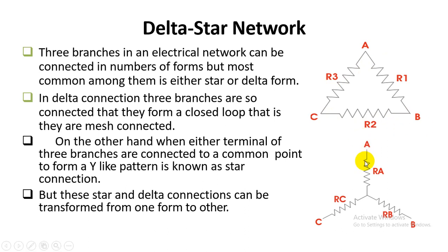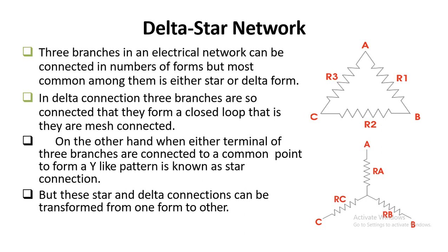When we see the second figure, the resistances are connected like this. Resistances RA, RB, RC are connected with one terminal of each at one place to form a common point called a neutral point, and the connection is called star connection or Y connection.